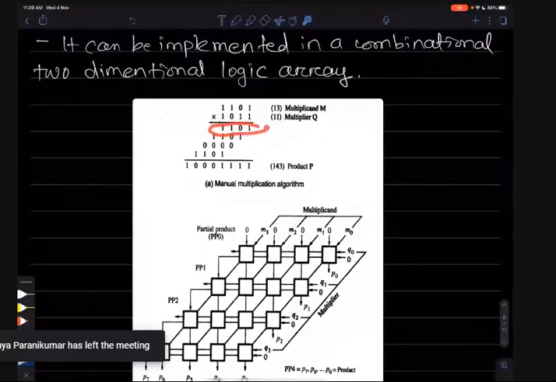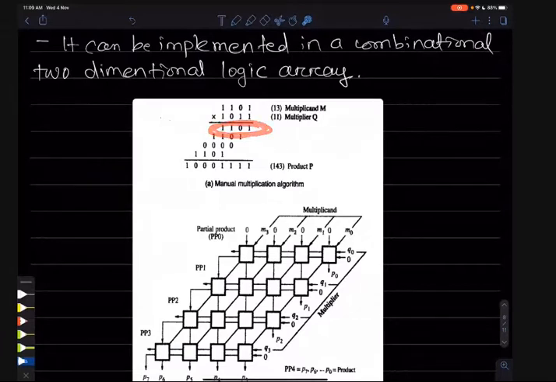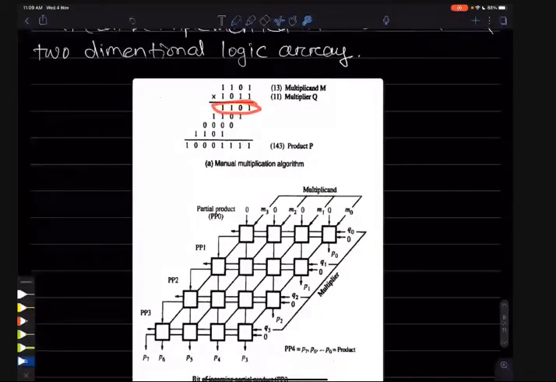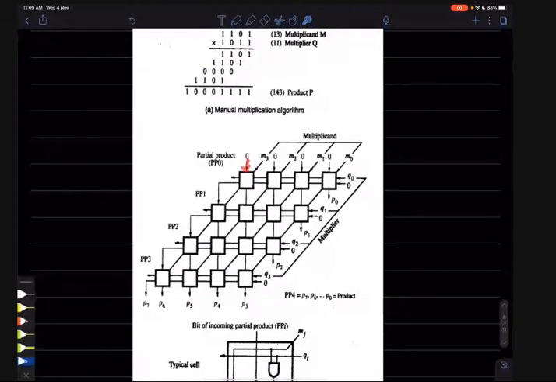The first partial product that is coming should not be added with anything. But whenever we are designing the hardware, we have to give some input, so we are giving 0 0 0 0 as input to the first layer of boxes. And these zeros are also the carry in bit, telling the adder circuit to do addition, not subtraction. So previously the carry in will be 0.